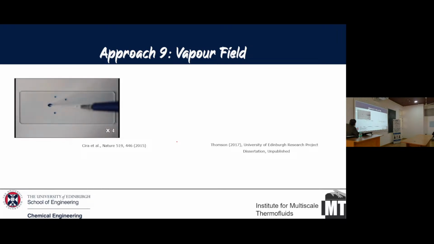So this is the influence of vapor field. This is very interesting because here you have different types of droplets, different compositions of droplets actually. Each color is a different composition, and you can see that these guys are chasing each other. Some of them are chasing each other, some of them are attracting each other, and so on, and that is completely influenced by the vapor field around it. I'm also going to show you how it happens.